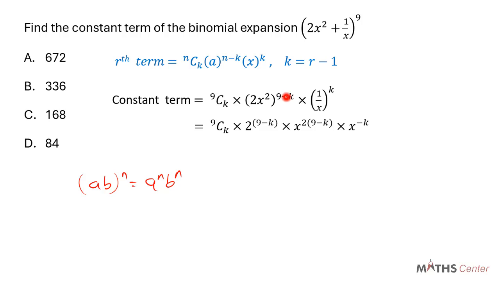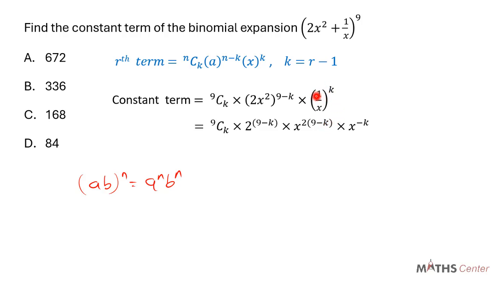So you give the 9 minus k to 2 as an exponent, then you give the 9 minus k to x squared as an exponent. x already has an exponent of 2 here. So it's going to be x exponent 2 into brackets 9 minus k.